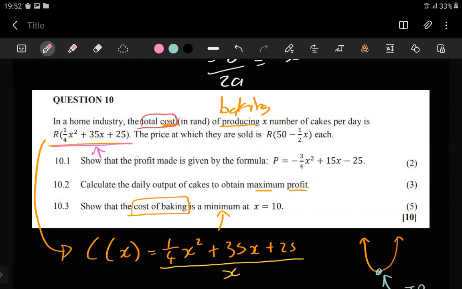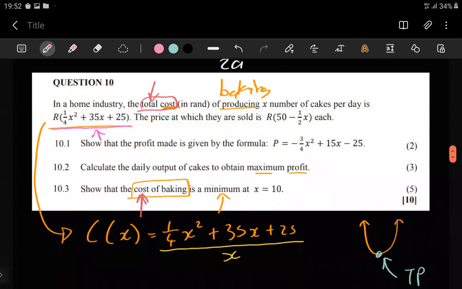You see the difference? Cost, total cost. So the total cost they gave us, but the cost of each is just going to be the total divided by how many we are dealing with. So it's such a subtle way of wording it. This is still a cost equation, but it's the total cost. We need the cost of one item, one cake.